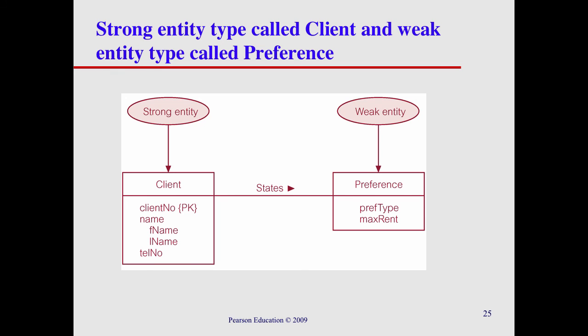Okay, so I take exception to the book using this notion of weak entity. Wherever I see weak entity, I just think multi-valued attribute. And it's not really an entity. So in this case, I really would have put preference type and max rent in with client and just indicate 0 to 1 to indicate that they have 0 to 1 of that values for that attribute.